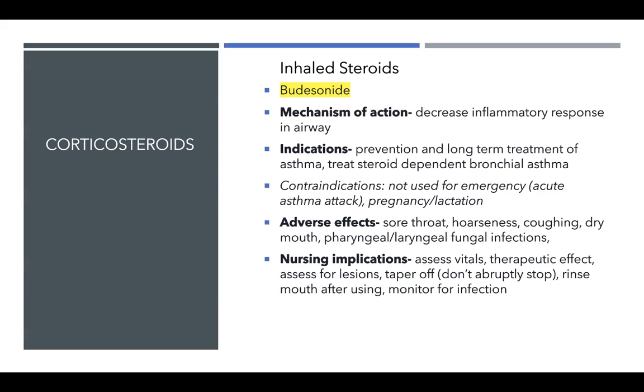You might also see these used in some cases with COPD. They are contraindicated for emergency or acute asthma attacks, pregnancy, and lactation. Some adverse effects are going to be a sore throat, hoarseness, coughing, and dry mouth, and then pharyngeal or laryngeal fungal infections can occur.